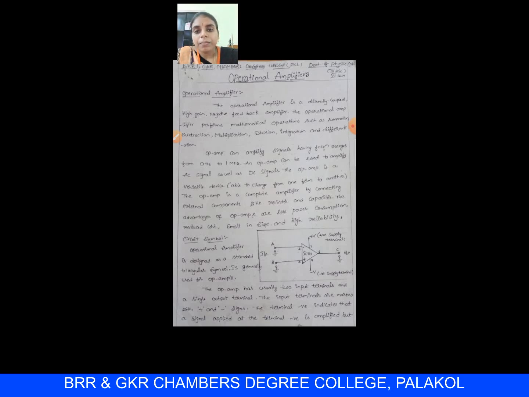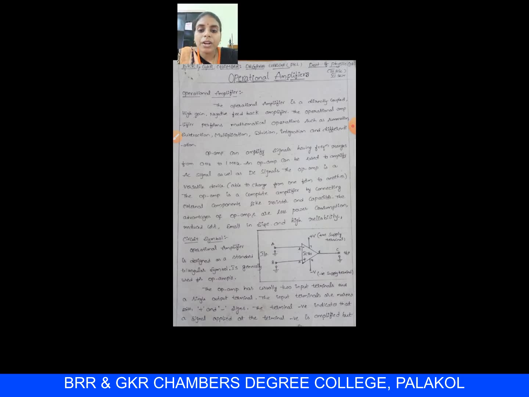And this operational amplifier amplifies AC signals as well as DC signals. The op-amp is a versatile device which can act as a changing device, that means its performance is changed from one operation to another operation. That category is said to be a versatile device.